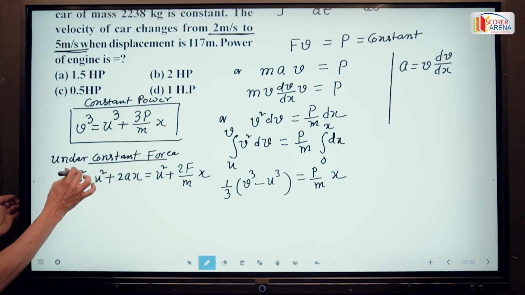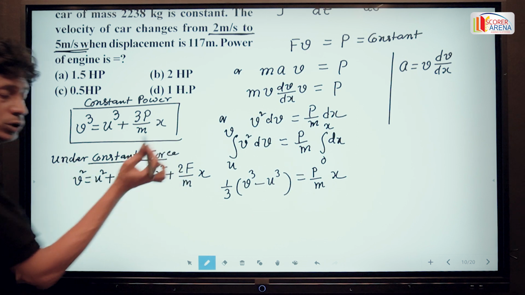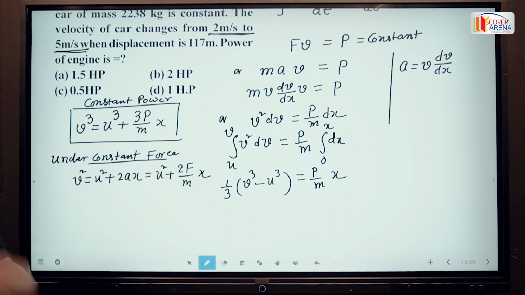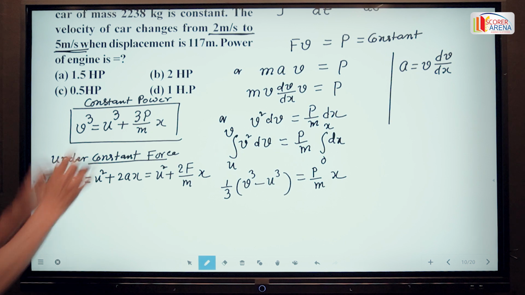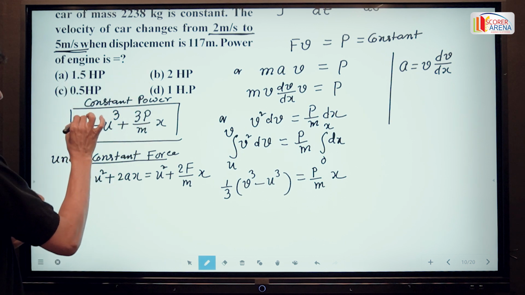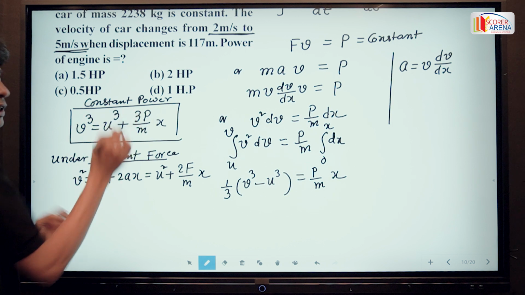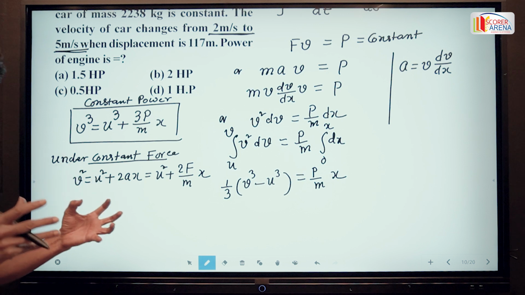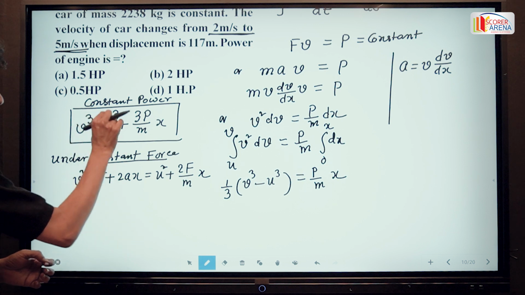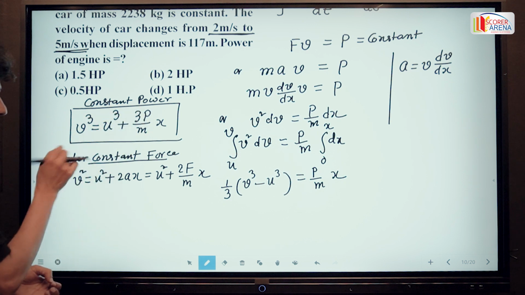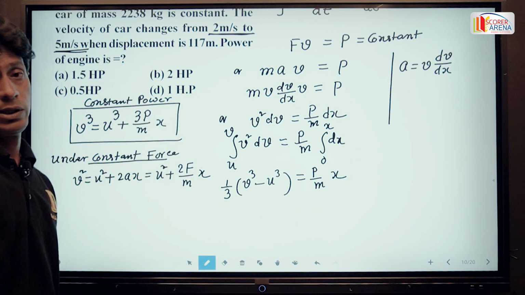Here the power is 2, and F is multiplied by 2. Similarly, for the motion of the particle under constant power, it is power 3, and P is multiplied by 3. So these two equations have a similarity. It is also known as mathematical resonance.